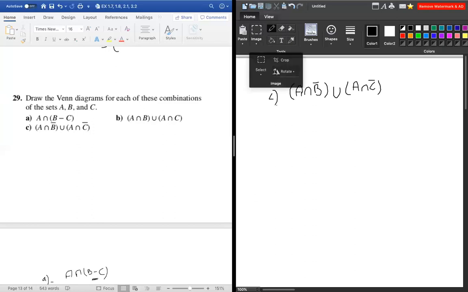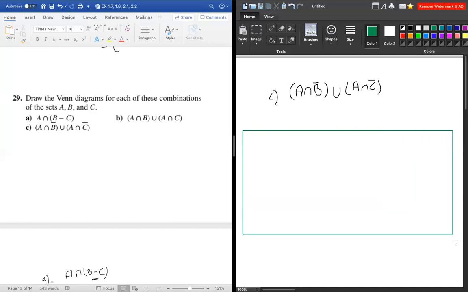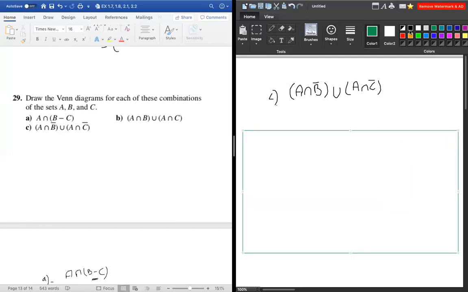Okay, let's take a universal space. So we have A intersection with B complement, and C complement right here.